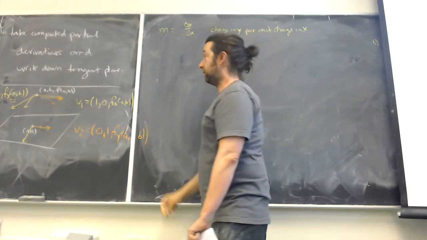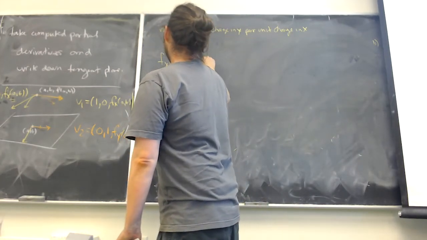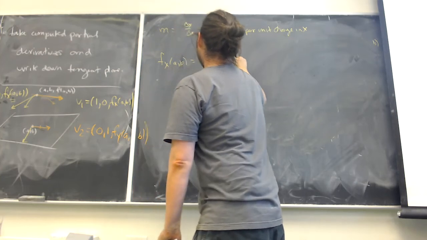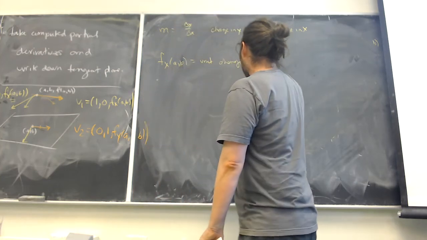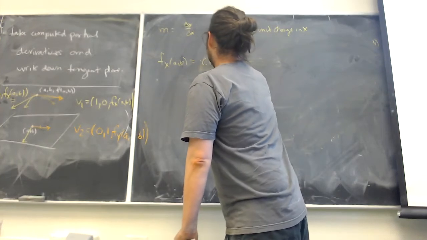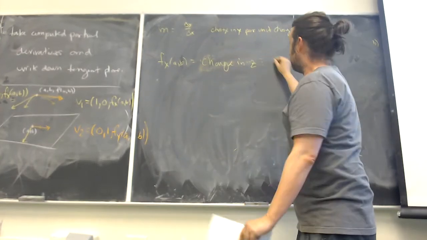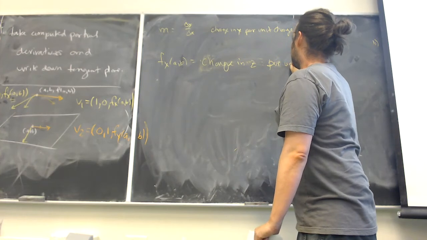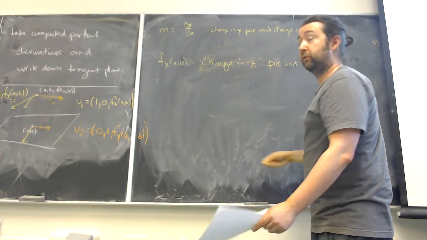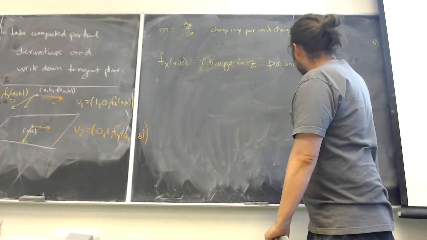For a partial derivative, fx(a, b) means change in z, that is change in height of the surface, per unit change. Well, what is moving, x or y? For a partial derivative in x, what's changing? x is changing per unit change in x.